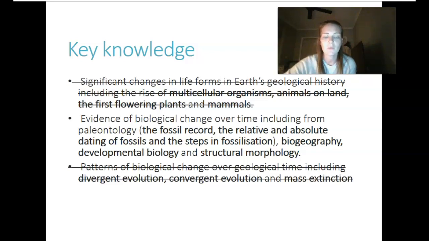So for chapter 10, what you really need to focus on is just 10.2. So looking at the evidence of biological change over time, including from paleontology, the fossil record, the relative and absolute dating of fossils, and the steps in fossilization, biogeography, developmental biology, and structural morphology.